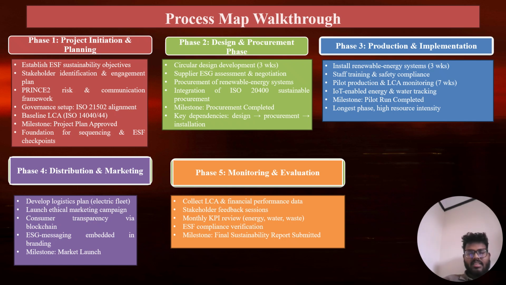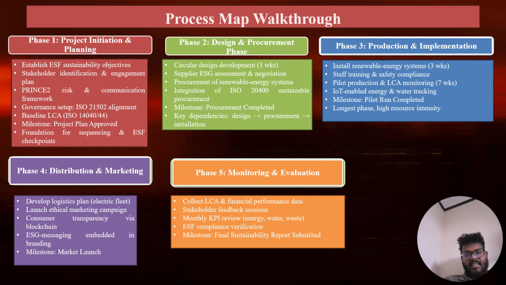The second phase is design and procurement. This focuses on shaping the technical and supply chain foundation of the circular model. Circular design development runs for 3 weeks, defining material flows, fiber recovery systems, and zero waste processes. Simultaneously, supplier assessment and contract negotiation take place using ISO 20400 criteria such as sustainability performance, reliability, cost transparency, and contribution to local employment.